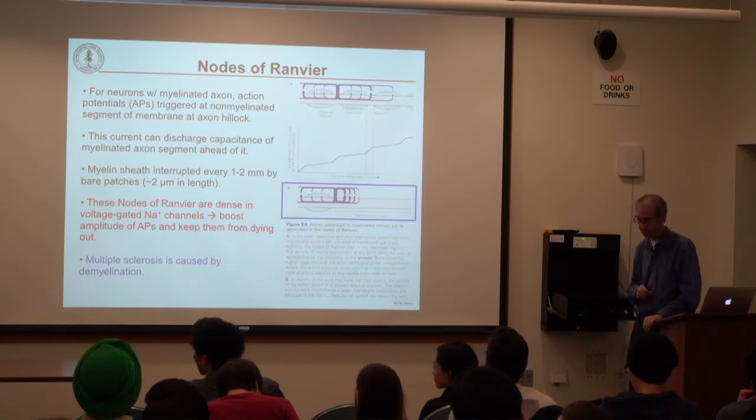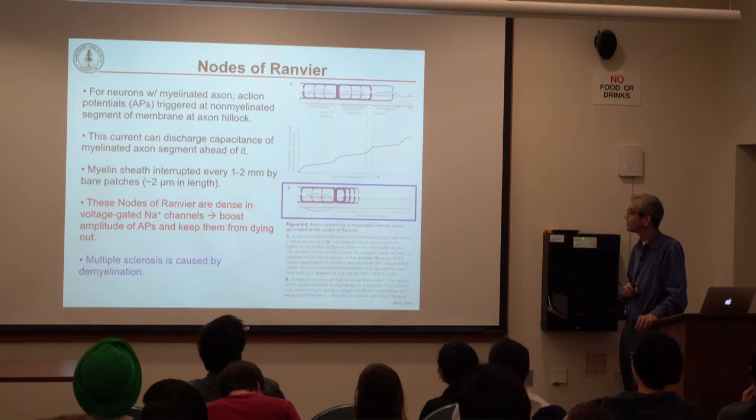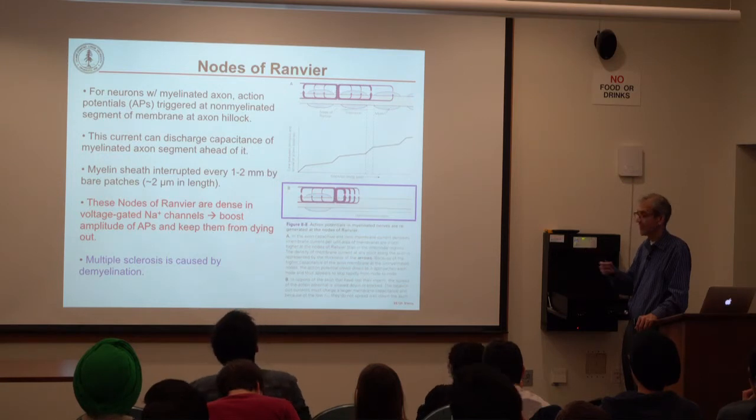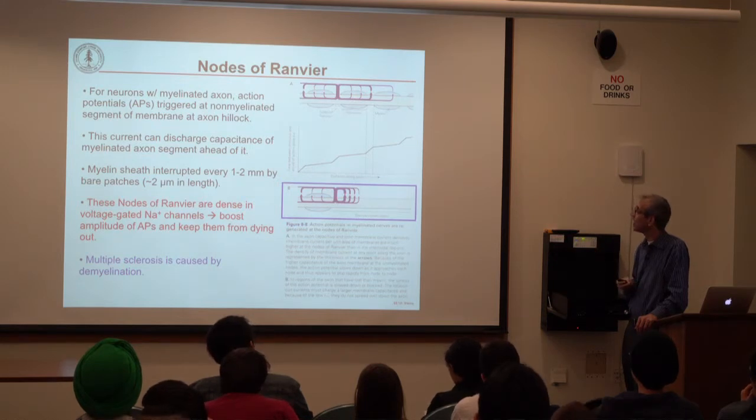Are the axon hillock or trigger zones subsets of the class of nodes of Ranvier? We're using them totally interchangeably. So a node of Ranvier is located here and is packed with sodium channels and so forth. I think you're right. Technically, we're just going to use them interchangeably.